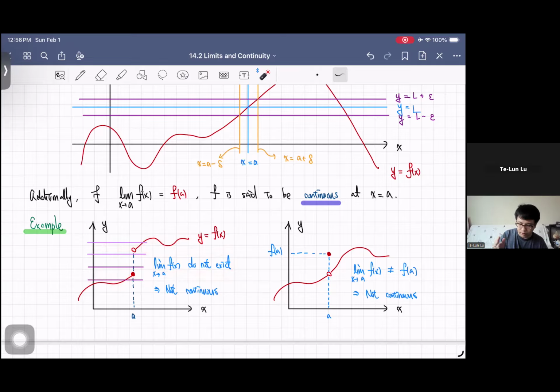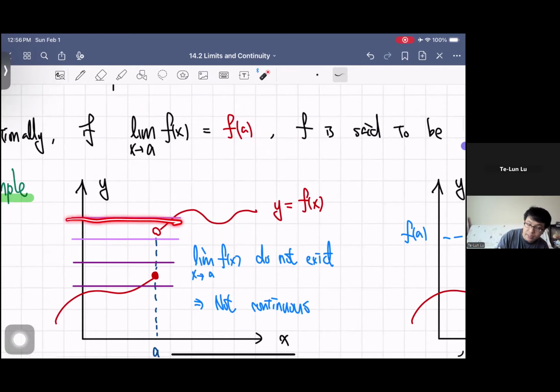So according to our epsilon delta definition, if you fix L to be, say, this value, you can create a small threshold, this light purple threshold, so that the value near a does not fall into this threshold, right?